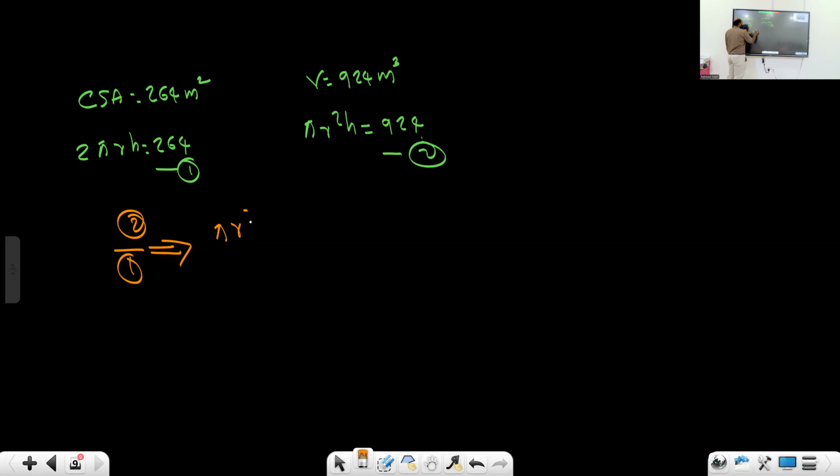Pi r square h divided by 2 pi r h, 924 also you divide by this one. Pi cancelled. H cancelled. One r also cancelled.